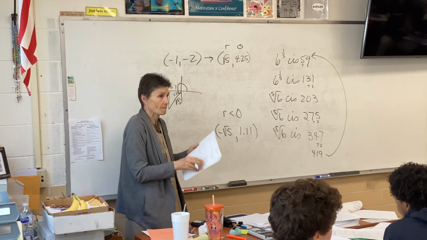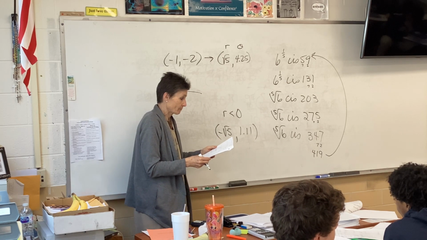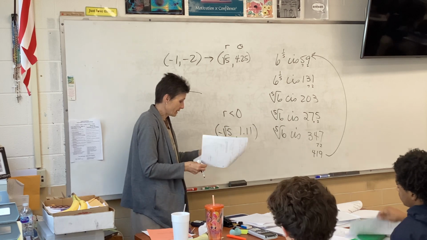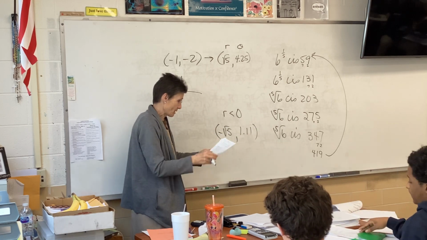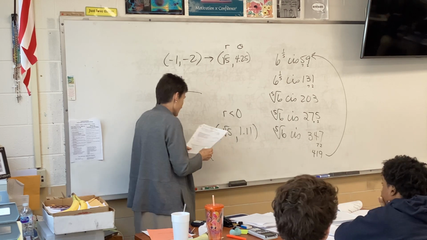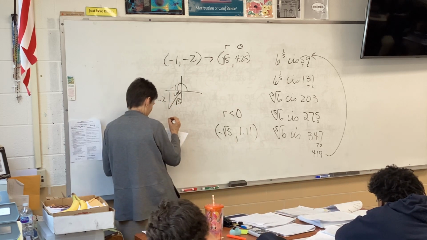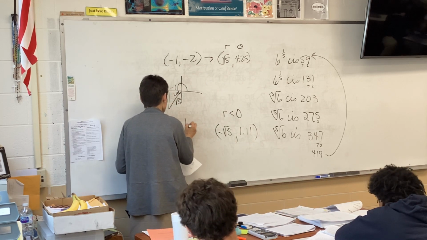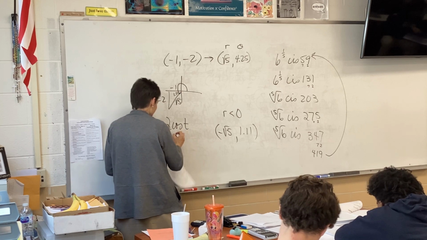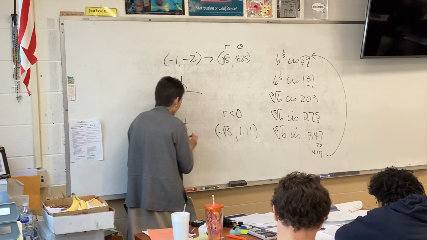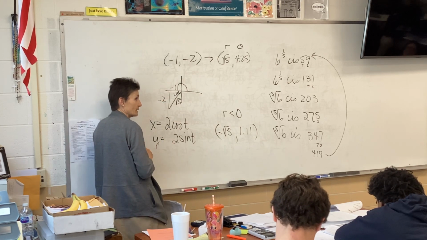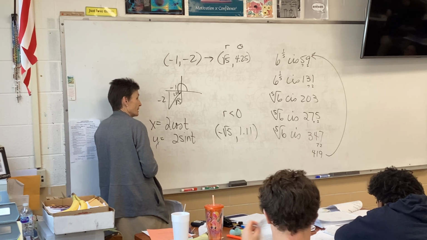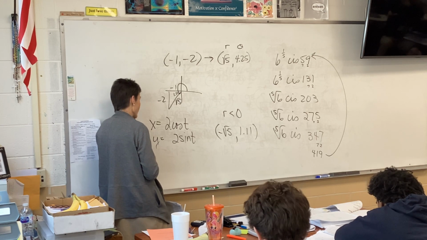Could you do number 3 on homework 6.3? Okay, last one. We gotta wrap this up. So x equals 2 cosine t, y equals 2 sine t. So I'm gonna do this without a calculator. I'm gonna change this into a rectangular equation.